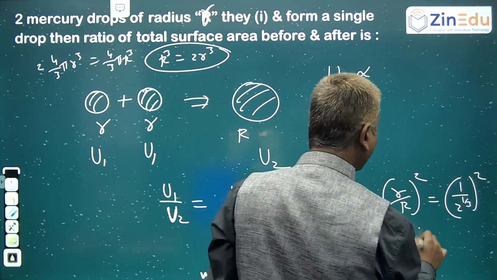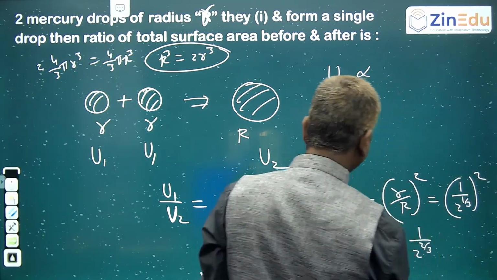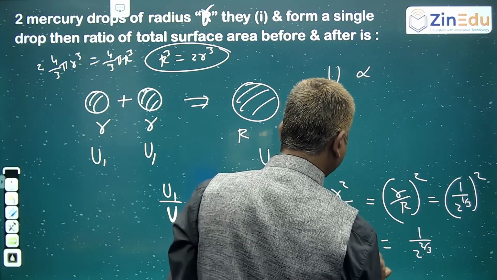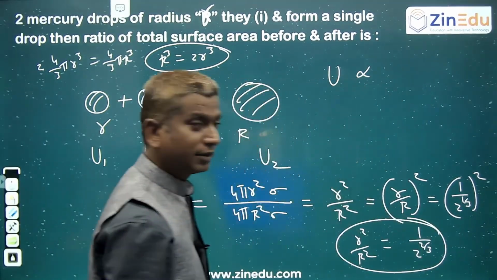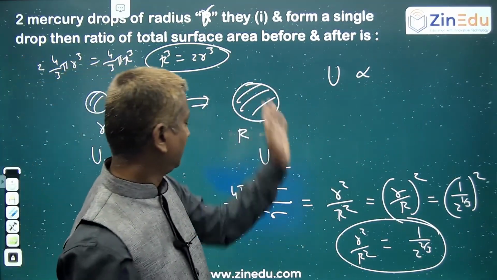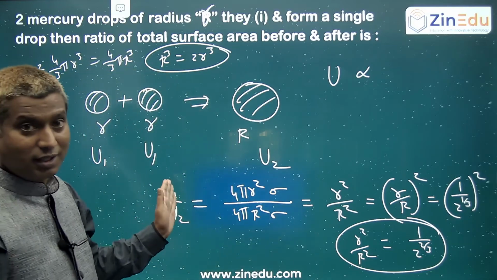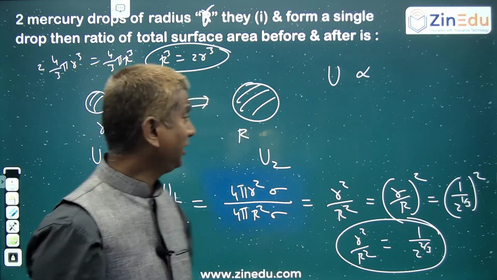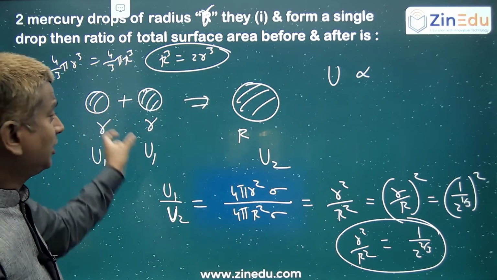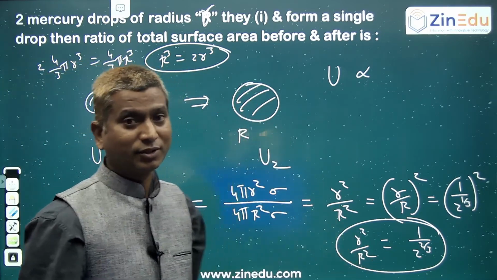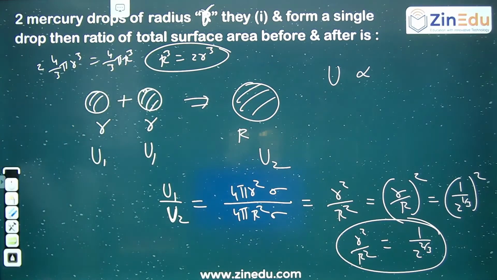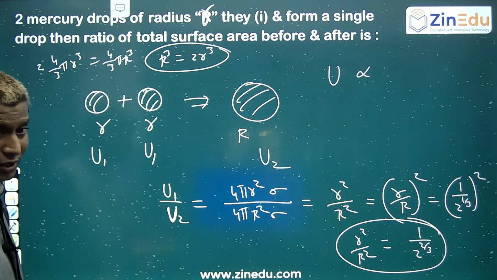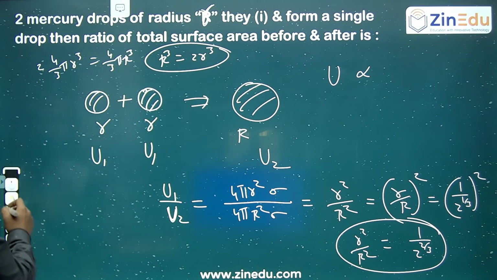That gives you 1 by 2 power 2 by 3. Same will be the relation between initial surface energy and final surface energy. Before combining, what was the surface energy, and after combining, what is the surface energy? So this is a question on surface tension. On to the next one.